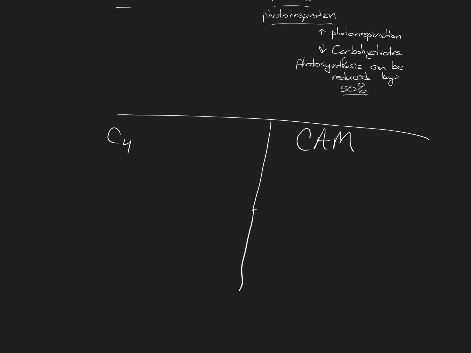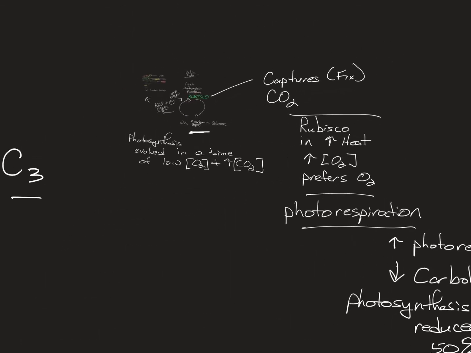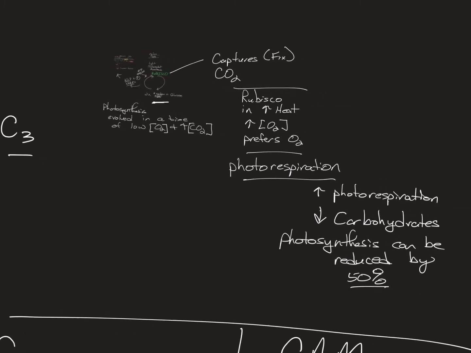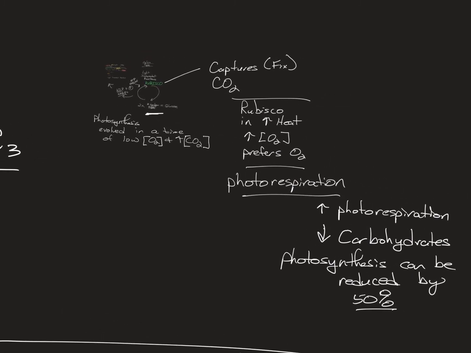What are you going to solve? How do you solve the problem? The regular C3 photosynthesis has a problem. When it gets hot, it will choose oxygen instead of CO2, and photosynthesis will decrease by 50%. That's a problem. Desert plants have the added problem that they can't lose too much water.